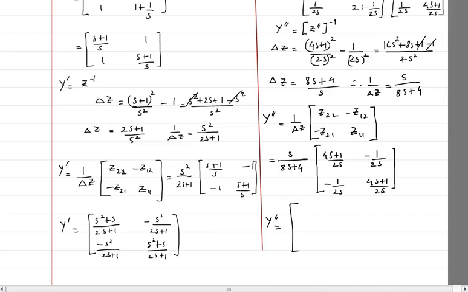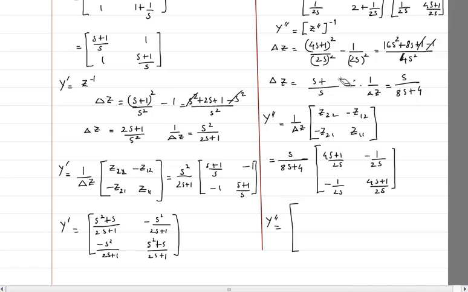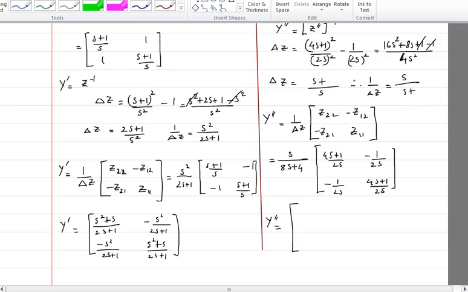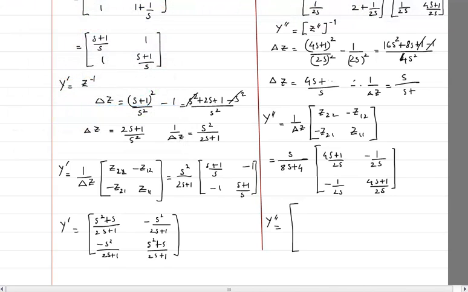Okay, so here it was 4, not 2. Square is going to be 4, so I can get this as 4s plus 2.